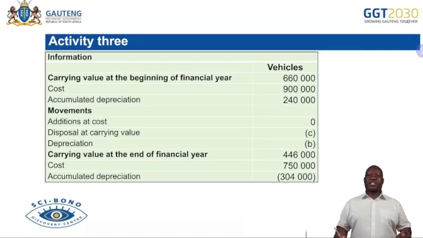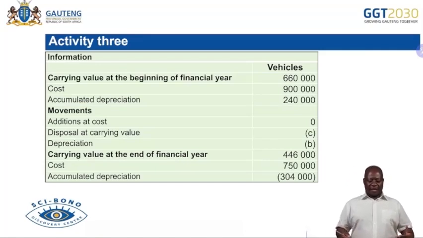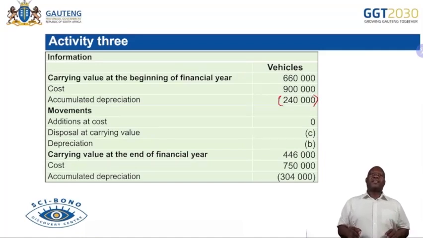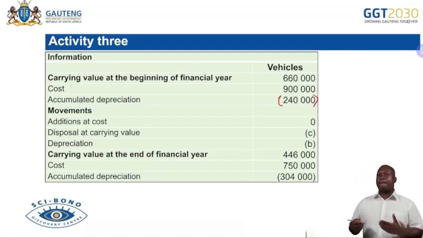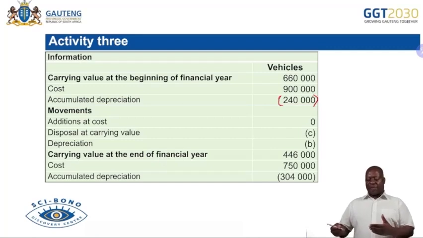There is depreciation B, and then there is disposal at carrying value, which is our C. Now, please check something for me. When you are given like this, the easiest way to deal with it is to find the first given letter first. So what are we doing here? We are calculating our B first.